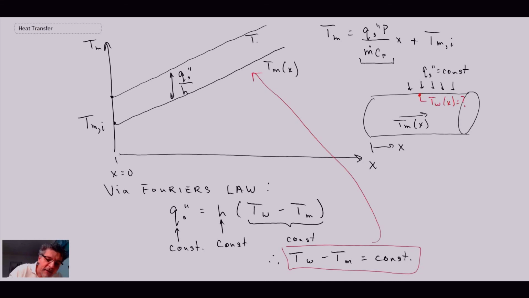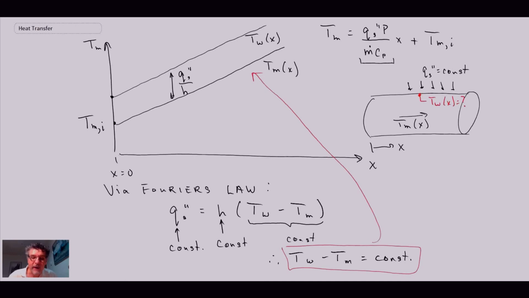That would be an expression for T wall of x. So that gives us some insight into what is happening with both the bulk temperature as well as the wall temperature under the case where we have a constant heat flux boundary condition.